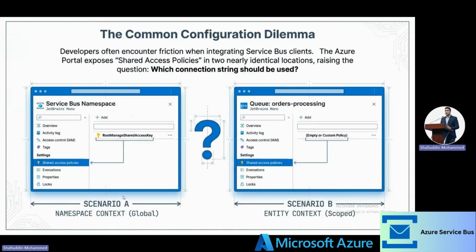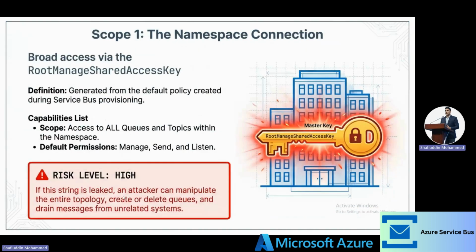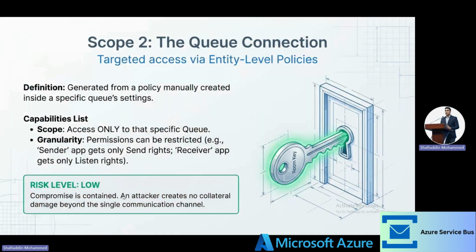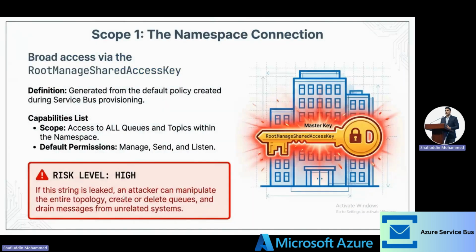That is what we call scoped, an entity context. Whereas the Service Bus namespace connection string will be a global context. Now, when do we use the namespace connection string and when do we use the queue connection string? We'll try to understand this.